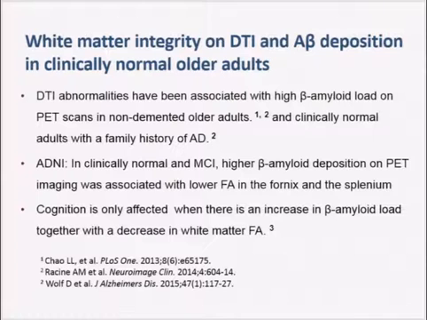In the Alzheimer's Disease Neuroimaging cohort, in clinically normal and MCI individuals, higher beta amyloid deposition on PET was associated with lower FA values in the fornix and splenium, and cognition was only affected when there was an increase in A-beta load together with a decrease in white matter FA. That kind of shows us that white matter FA changes are critical when they occur with beta amyloid increases.